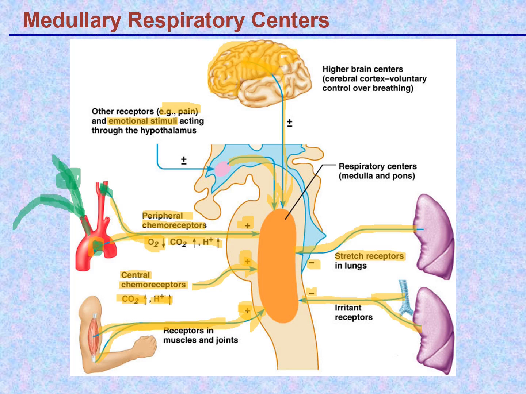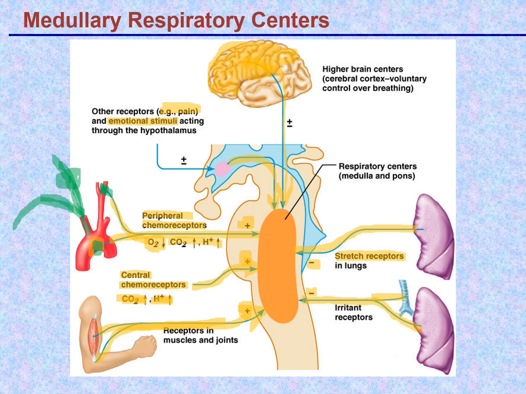So there's a lot of incoming sensory information or nerve signals coming into the respiratory centers that can affect either mostly unconsciously but also consciously your rate and depth of breathing.